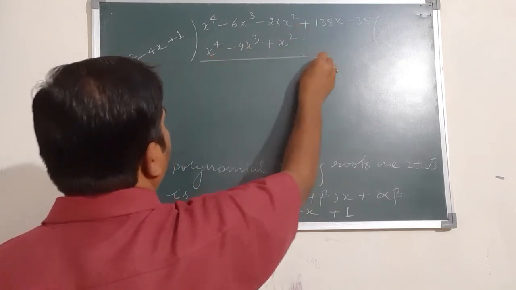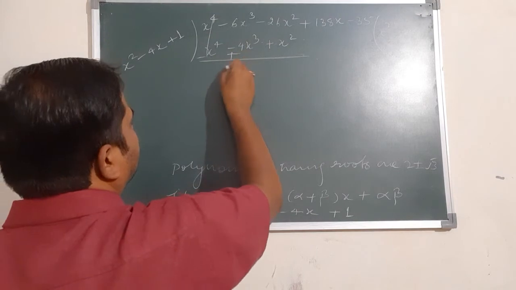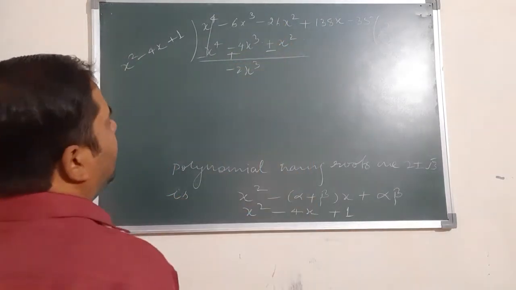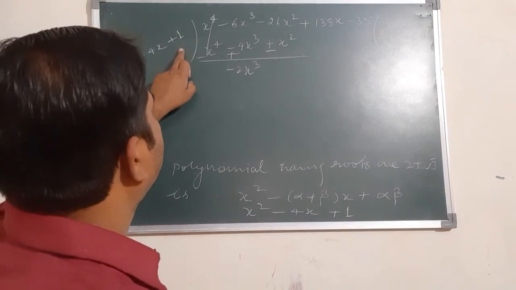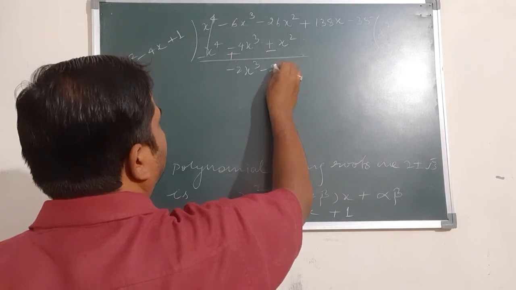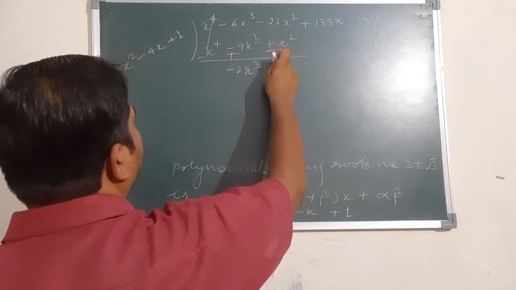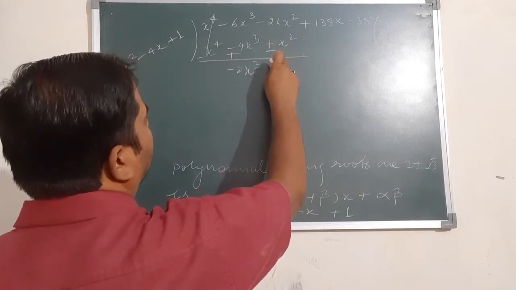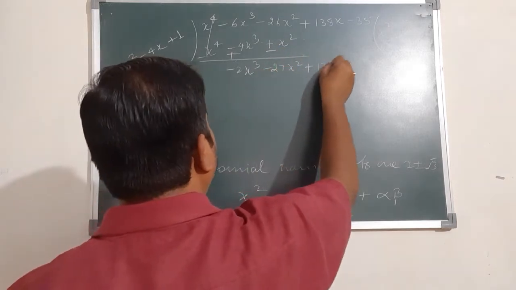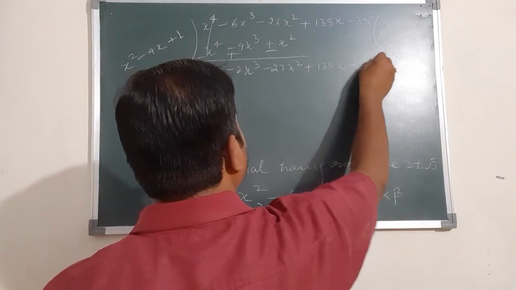What do you get here? Minus 2x cube and minus 27x square plus 138x minus 35.